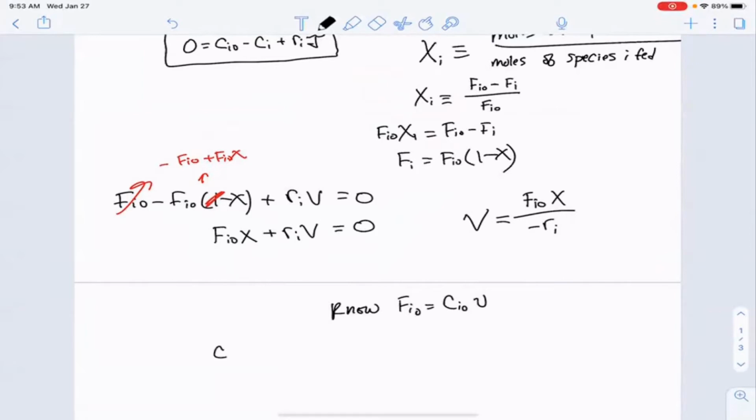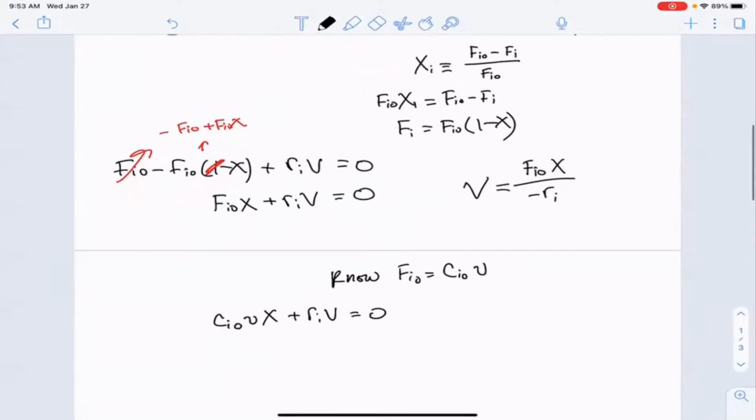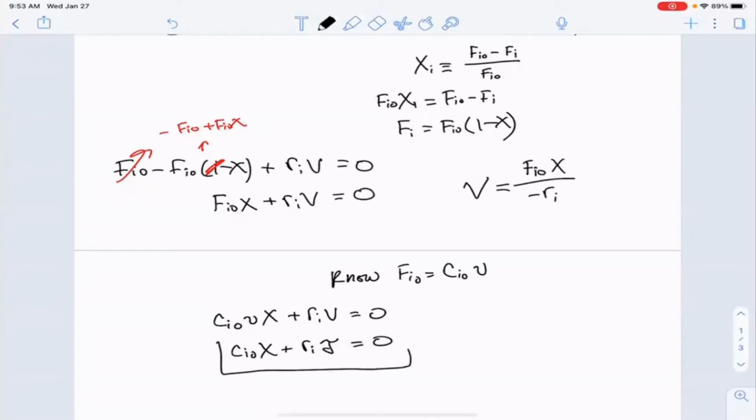So this could be C_i0 times the volumetric flow rate times the conversion plus R_i V is equal to 0. And we could again divide through by the volumetric flow rate and get C_i0 times the conversion plus R_i times tau is equal to 0, right? And there's a relationship in terms of concentration and conversion where we're still able to calculate the residence time.